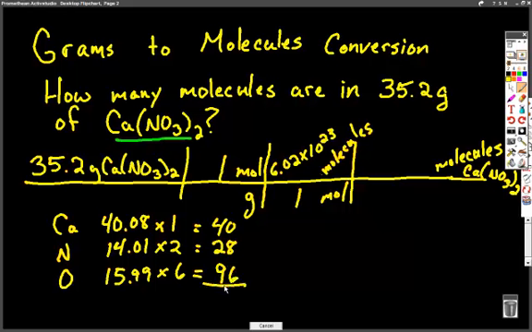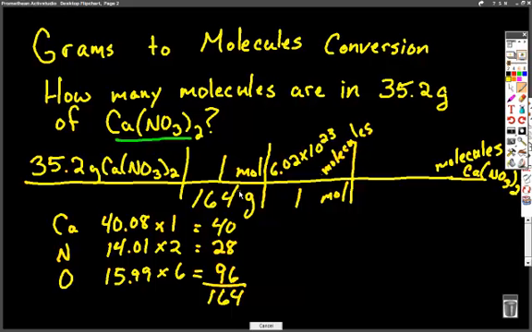Now we'll total this up, so this is going to be 164. Then we come back up here and say that 1 mole of Ca(NO3)2 is 164 grams.